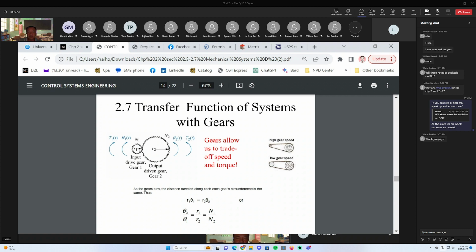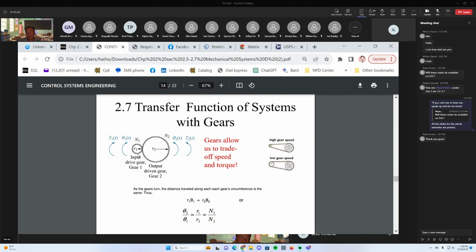On gear number 1, you have some angular displacement called theta 1 and some torque, T1. On the adjacent gear, because of how gears interact, the rotation of the second gear is in the opposite direction of the first gear. Therefore it's counterclockwise, labeled theta 2, and the torque it produces is T2.